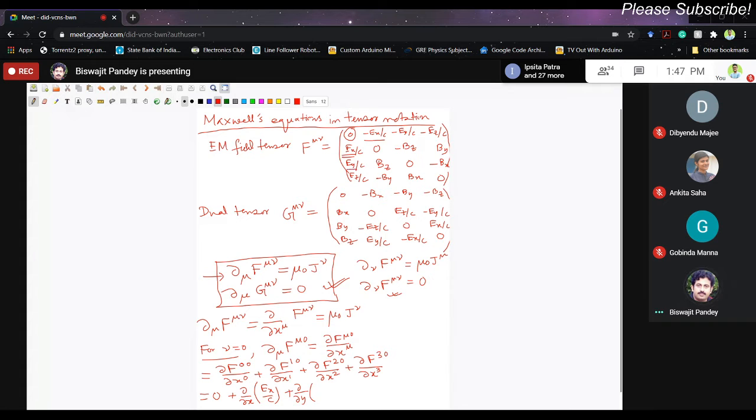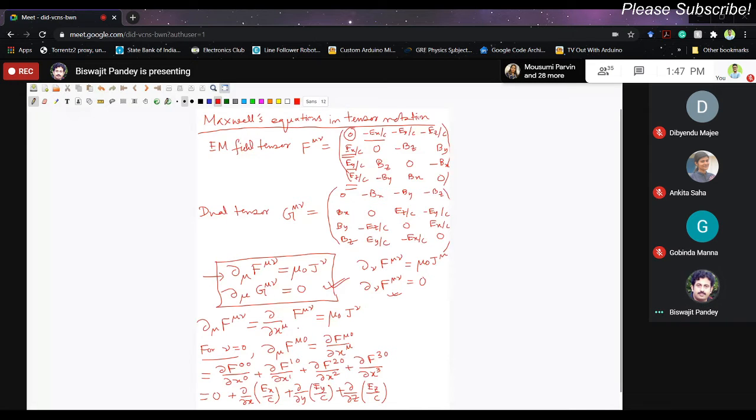F^{20} is this one, F^{21}, F^{22}, F^{23}, Ey/c. So ∂/∂y of Ey/c. And similarly x^3 is z, so ∂/∂z of F^{30}, which is this one, Ez/c.